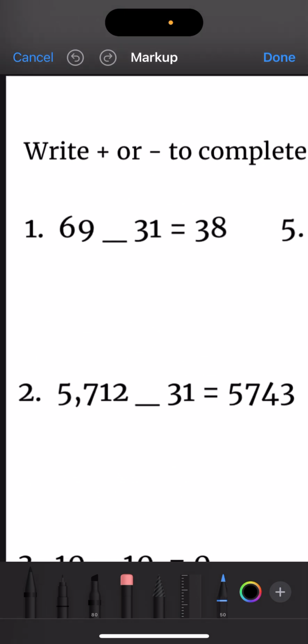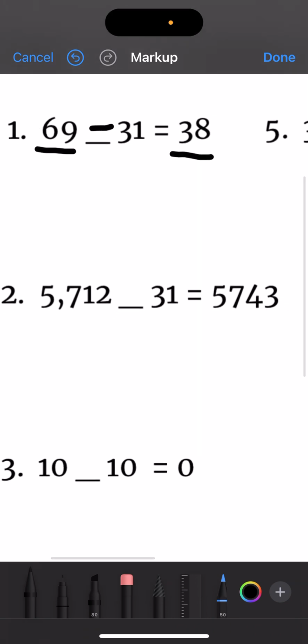Write plus or minus to complete the number sentence. 61 minus 31 is 38. Okay, so from 69 we go to 38. If it's getting smaller from 69, we have to be subtracting.